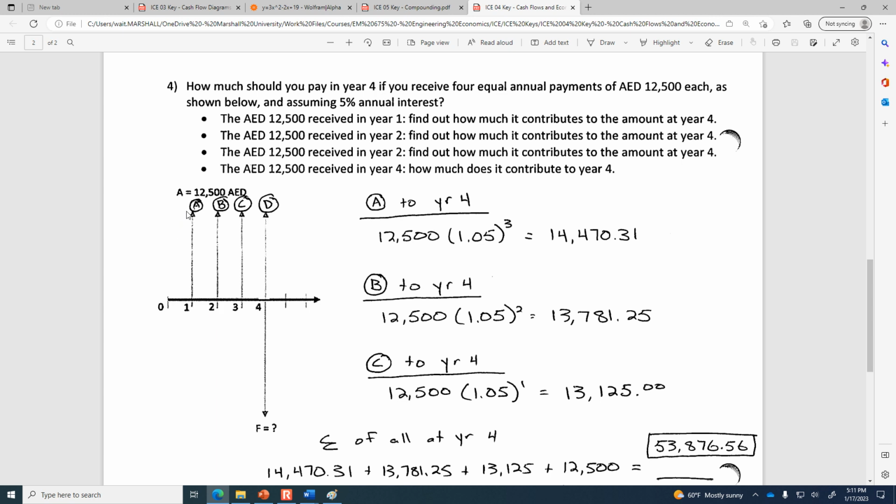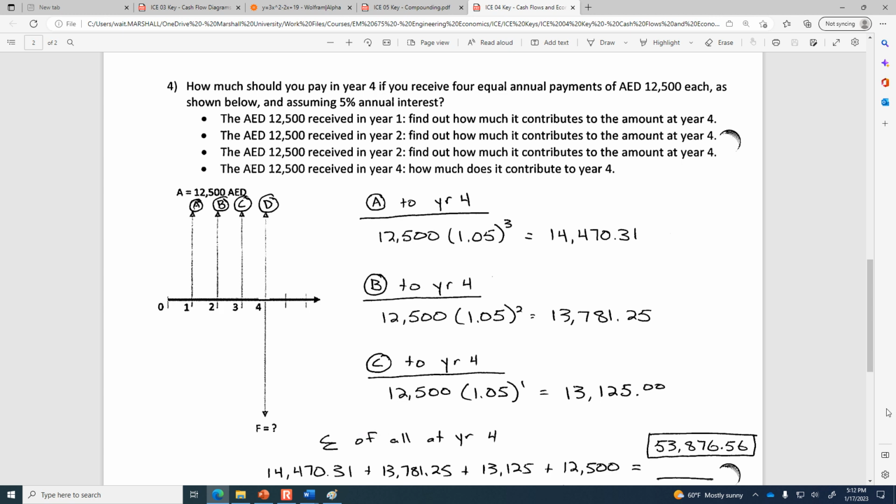Arrow A has to move 1, 2, 3 years into the future, whereas arrow B only has to move 1, 2 years, so n equals 2. Arrow C moves 1 year, and since D is already at the same time as the future, we don't have to do any time value conversion there. The total amount is the accumulated amount of all of them.